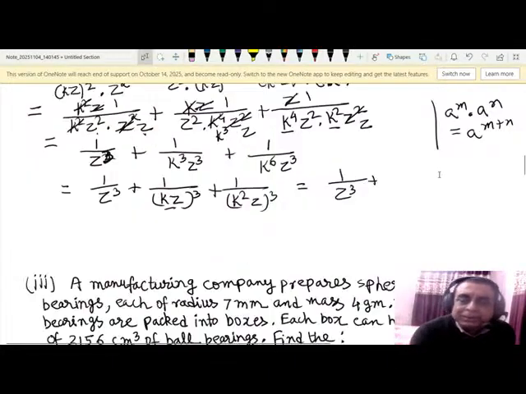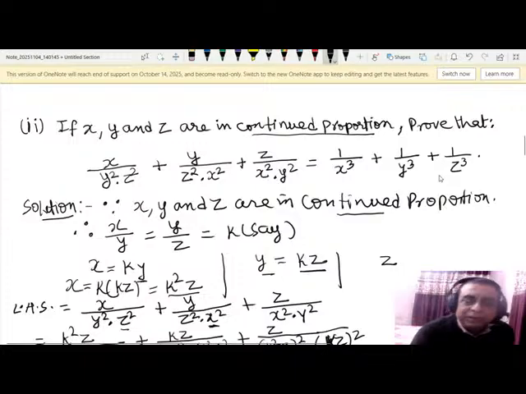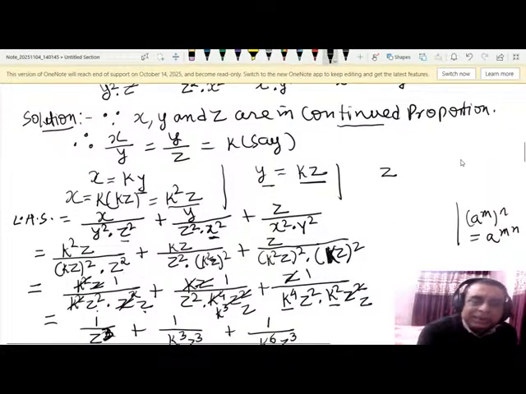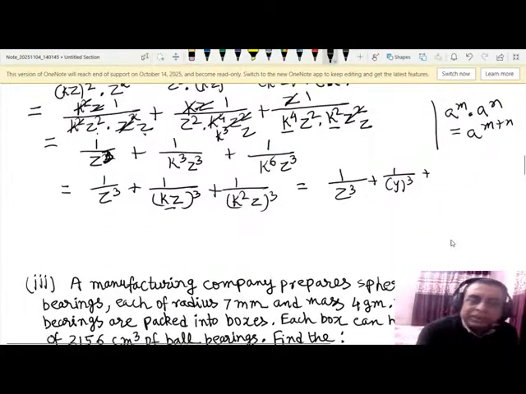So here in place of kz you write y. So that is y whole cube plus, k squared z is the value of x. So in place of this k squared z, you write here x. So it is x cube.